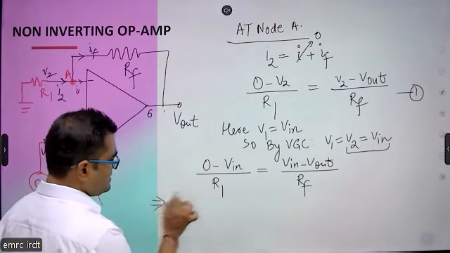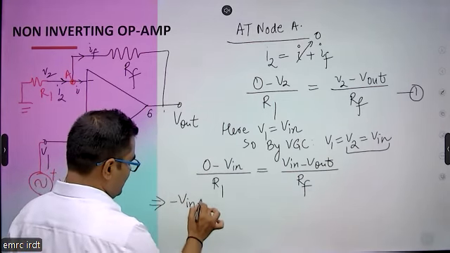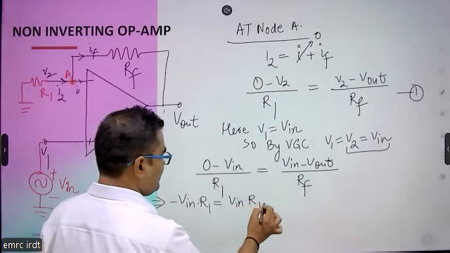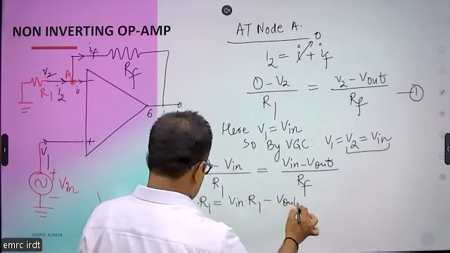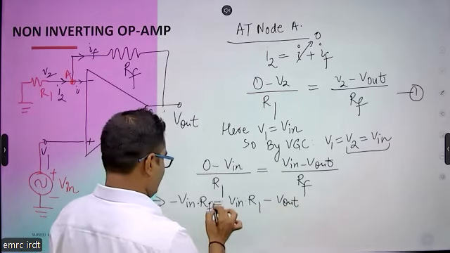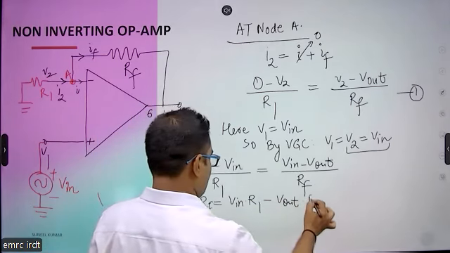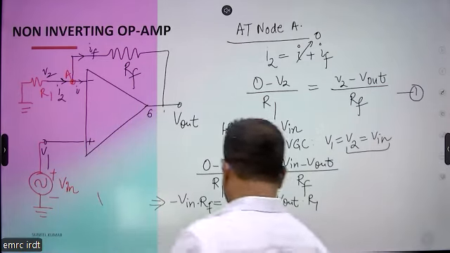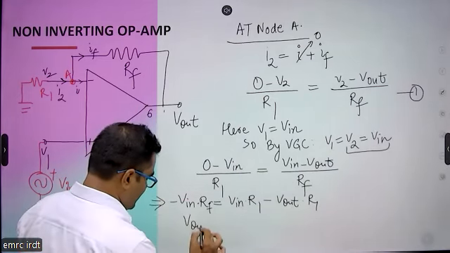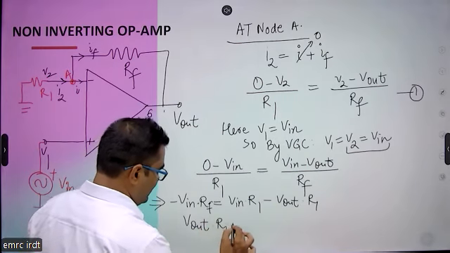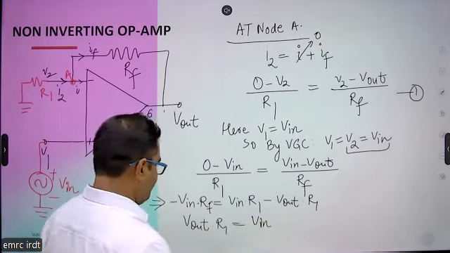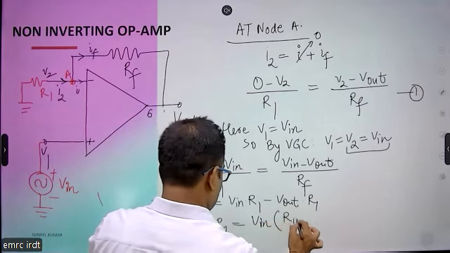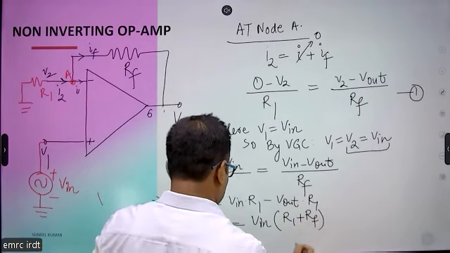So we can simplify this as minus V input into RF is equal to V input into R1 minus V output into R1. So what will happen? We are going to combine output and input separately. So this will become V output into R1 is equal to V input into (R1 plus RF).